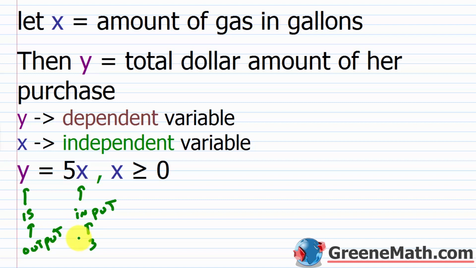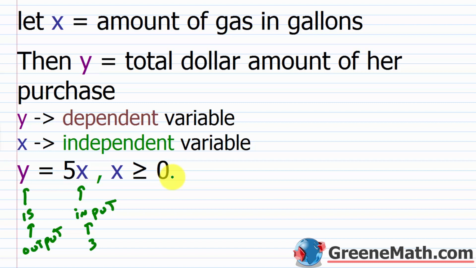Now, in this particular case, I gave you something known as a domain restriction. We're going to talk about domain and range very shortly. I know most of you already know what a domain is, but again, we'll cover it in a second. I said that x here, the independent variable, has to be greater than or equal to 0. I put that in there because she can't go on and buy a negative amount of gas. When you describe a real world situation, you have to think about these things.